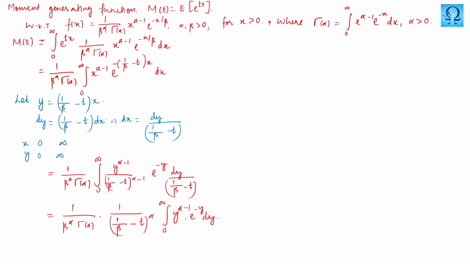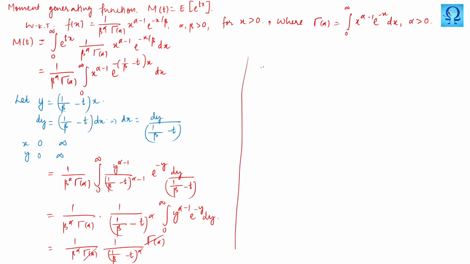It is gamma of alpha, right? So what we have is 1 upon beta to the power alpha, gamma of alpha, 1 upon beta minus t to the power alpha, and this is gamma of alpha. So gamma of alpha and gamma of alpha get cancelled.